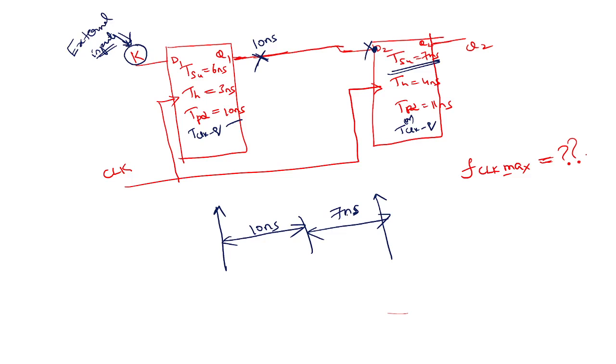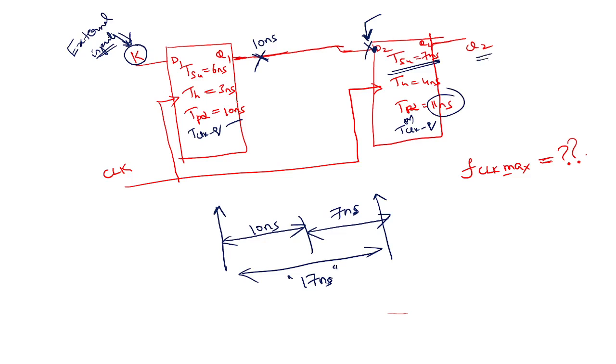Are you getting it? That means for the data to be ready at this point D2, we just need to wait for this much time. Within that, you already have 11 nanoseconds here, so Q2 will be ready.